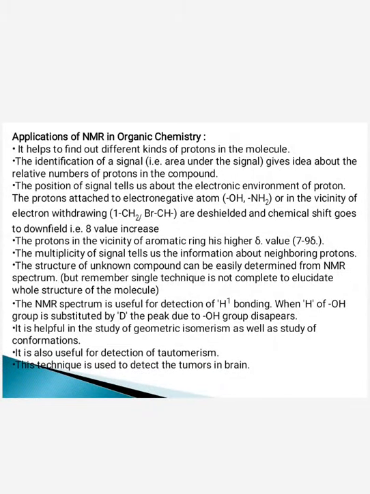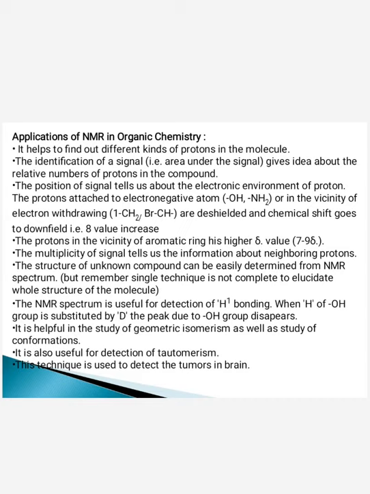These are the applications of NMR in organic chemistry. By considering all these points, we are now able to give the applications of NMR. From the NMR spectrum, we can get an idea about the electronic environment of the proton. If the proton is aromatic, it appears in the region from 6.5 to 8 del ppm.